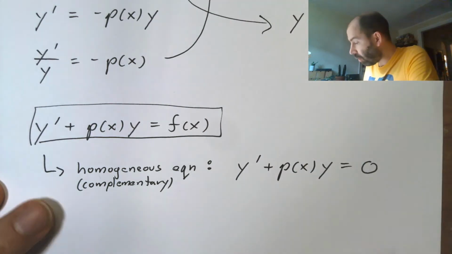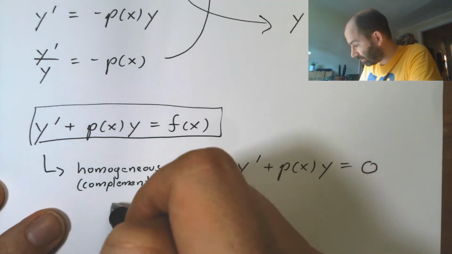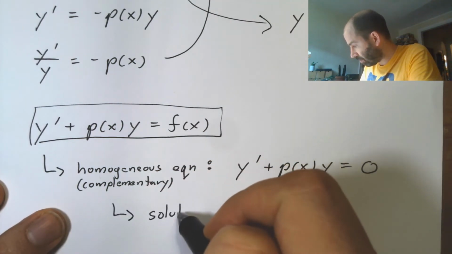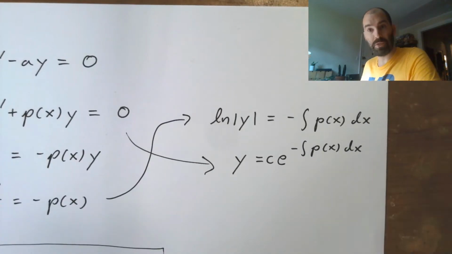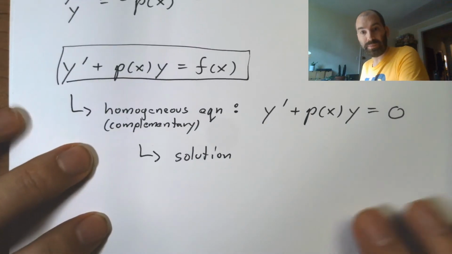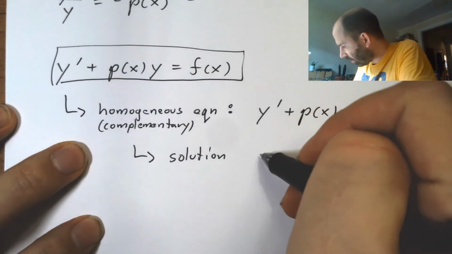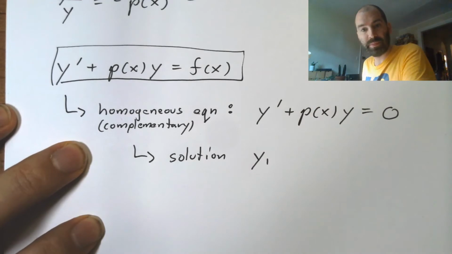All right? So when you get the solution from this, which will be that, right? Well, we're going to call that y1. Okay?